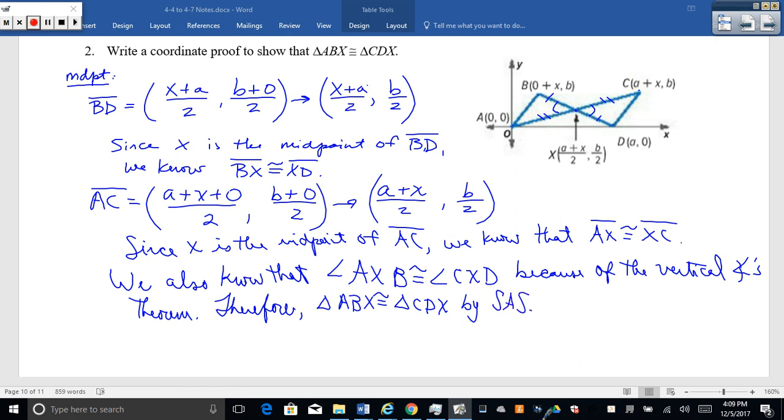All right? So that's a coordinate proof. It's in the coordinate plane. I've got my values. I just plug into my formulas to make sure that everything works out correctly.